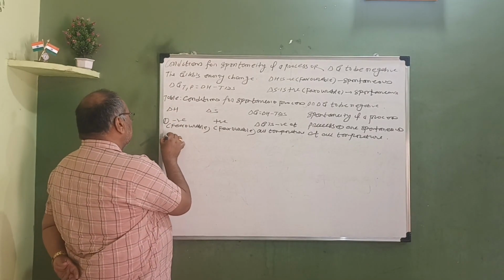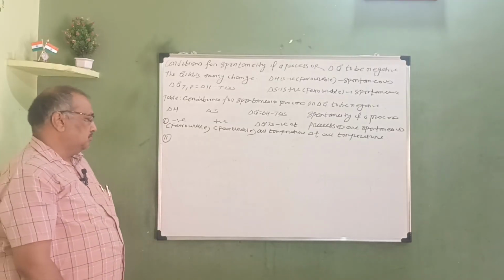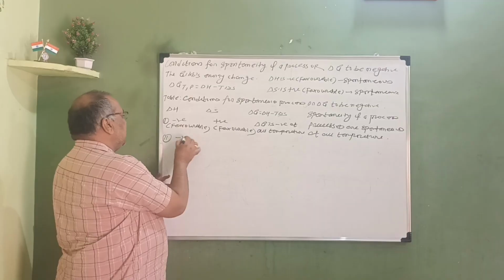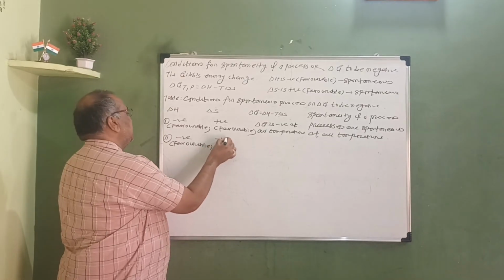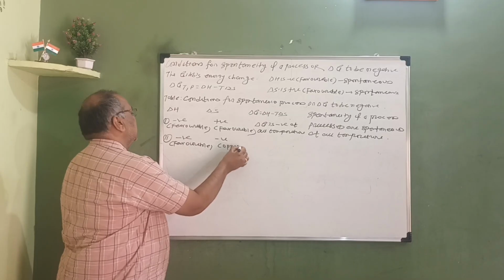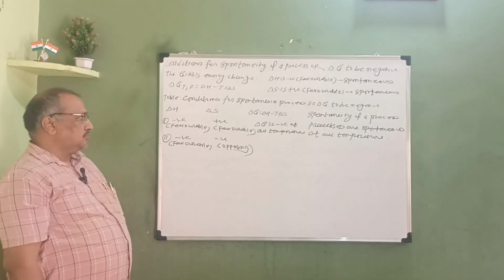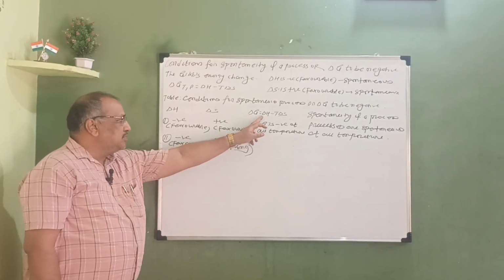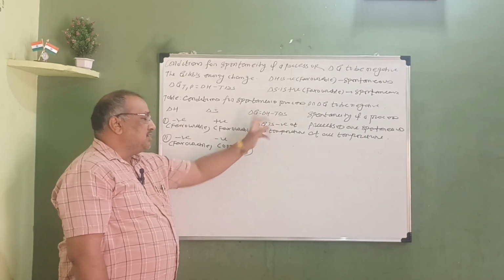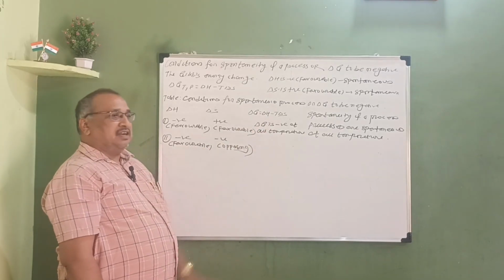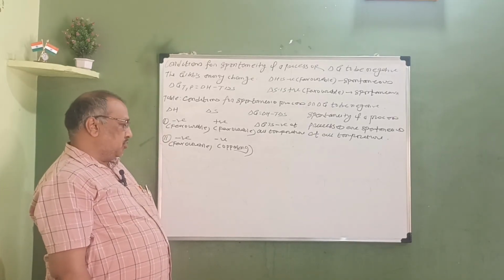Second, if suppose this delta H is negative, that means it is favorable. This is negative, that means it is opposing. That is here, this delta H is negative and this delta S is negative. Negative into negative, positive. That means here delta H carries negative sign and T delta S carries positive sign.